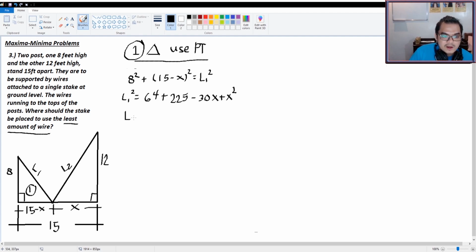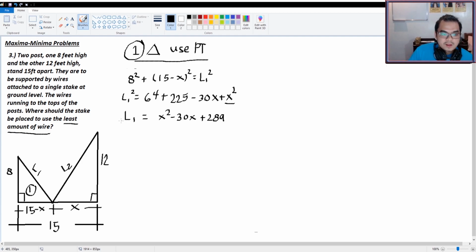Therefore, isolating L1 squared, you'll have 64 plus 225, that is 289. I'll just write x squared first: x squared minus 30x, and then plus 289.